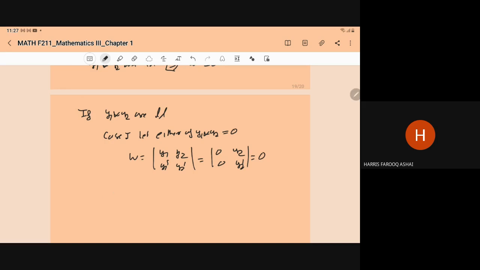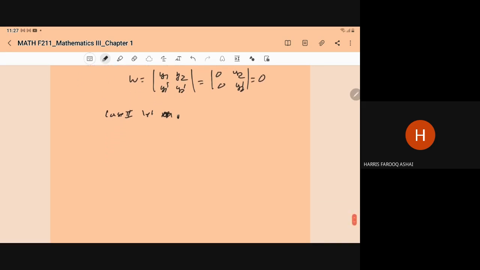Now, case second, let neither be identically 0. Neither identically 0 means both are non-zero. Y1 and y2 both are non-zero.